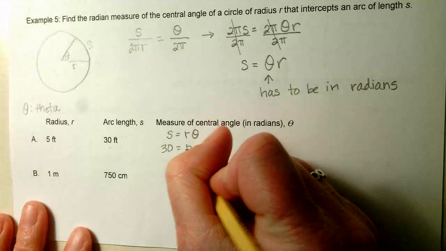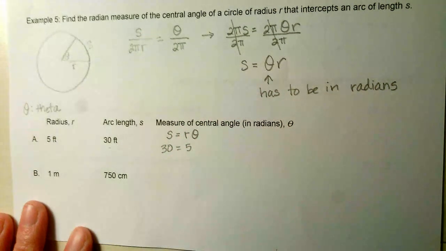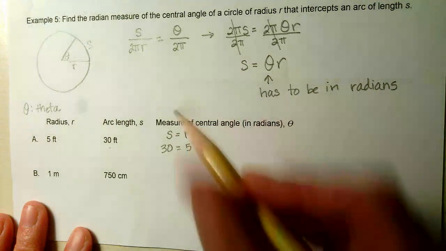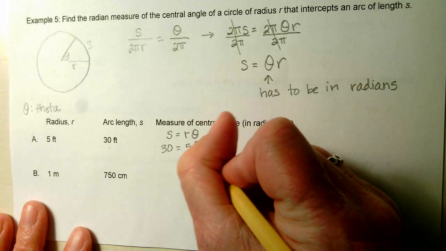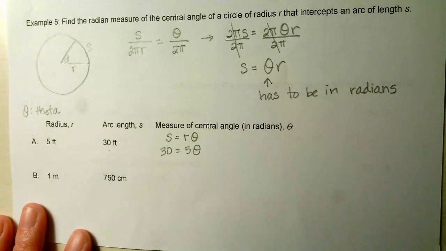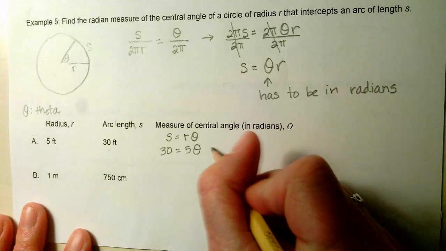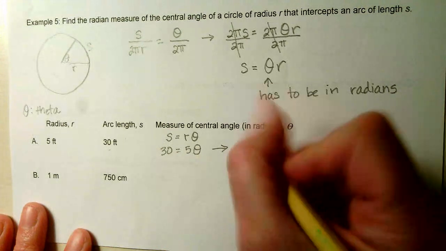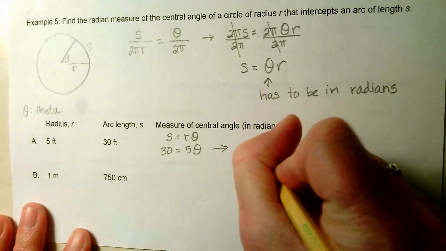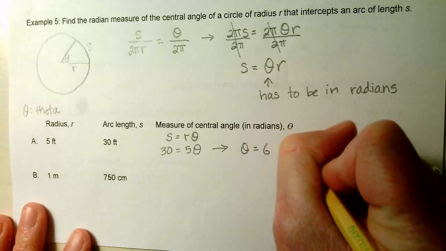I'm going to put in 5 for my radius, and I do not know my theta. So I am going to divide by 5 on both sides, and you should see that theta is equal to 6 radians.